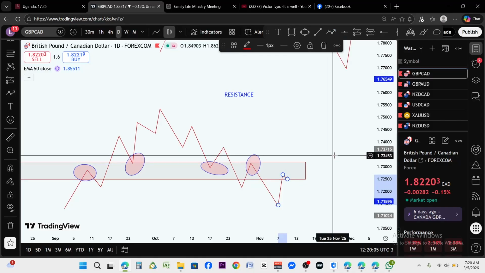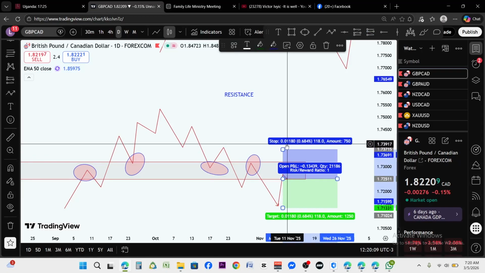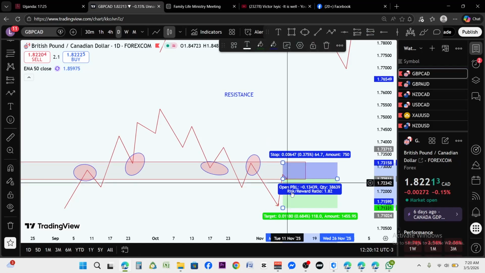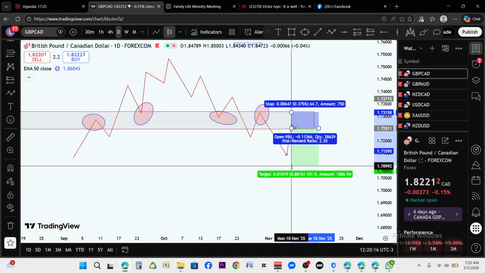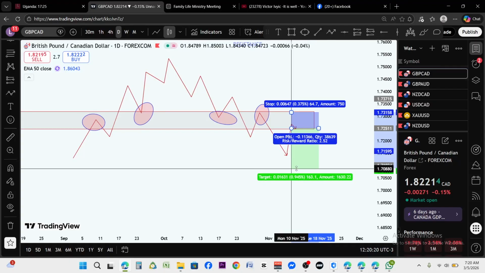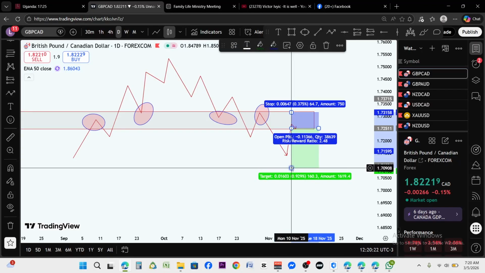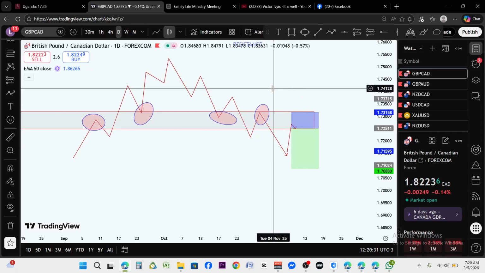Then I can sell in this zone, which is resistance, with my risk to reward ratio targeting 2:5. So this is how you can become profitable in forex trading.